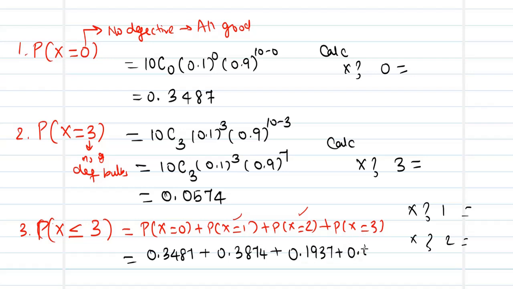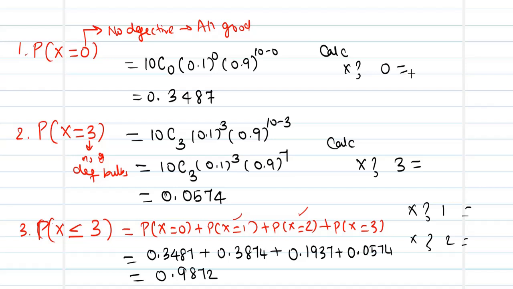X equal to 3 is already been estimated as 0.0574. When we add up all of these, the total sum will be 0.9872. So the probability of getting maximum 3 defective bulbs is going to be 0.9872. So this completes all the 3 subdivisions for a binomial problem.